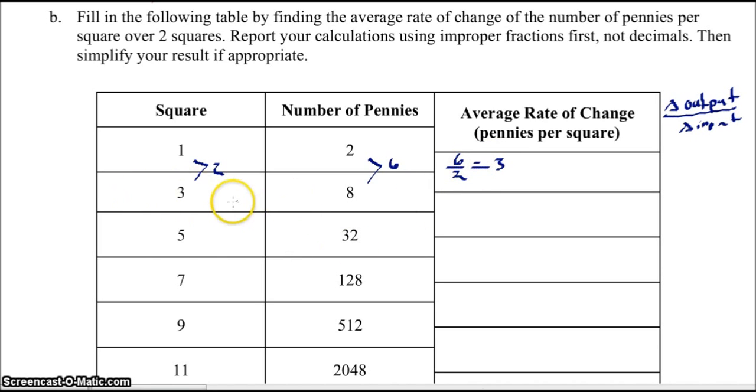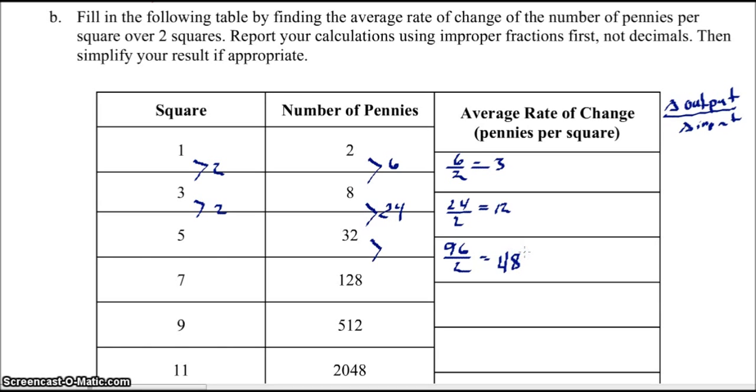For the next one, again, the change in input is 2. For each of these, the change in input is 2, and here the change in output, 32 minus 8, is 24. So 24 over 2 is 12. Here the change in output, 128 minus 32, is 96. So 96 over 2 is 48.